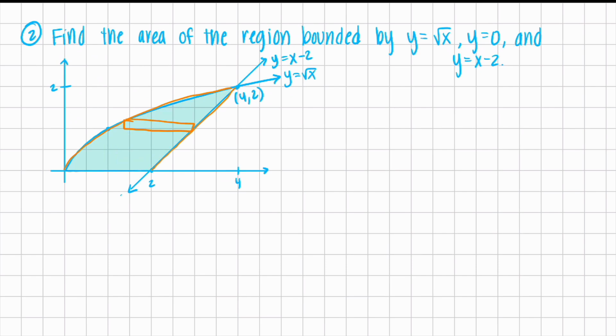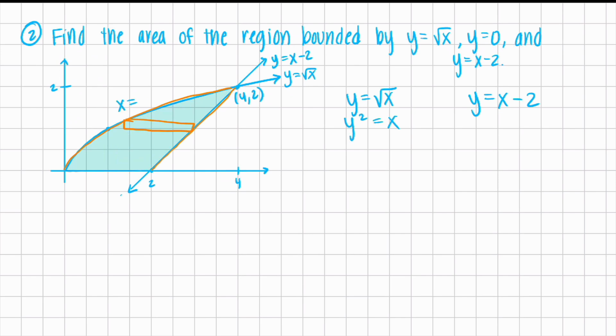So let's go through our steps. I want to rewrite my functions in terms of y, so I want to solve for x. I have y equals the square root of x, and y equals x minus 2. I want to square both sides.